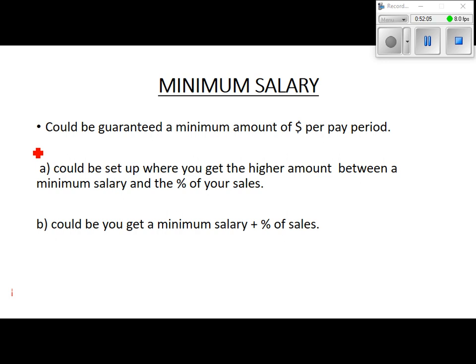They wanted me to buy some $190,000 car, because they were probably thinking, hey, this will set me for the whole month if I sell this thing. Make a commission off of that. You could get your minimum salary plus your percent of your sales. It just depends on the company, and that's something, as you get a job, you're gonna have to figure out: how am I getting paid here?